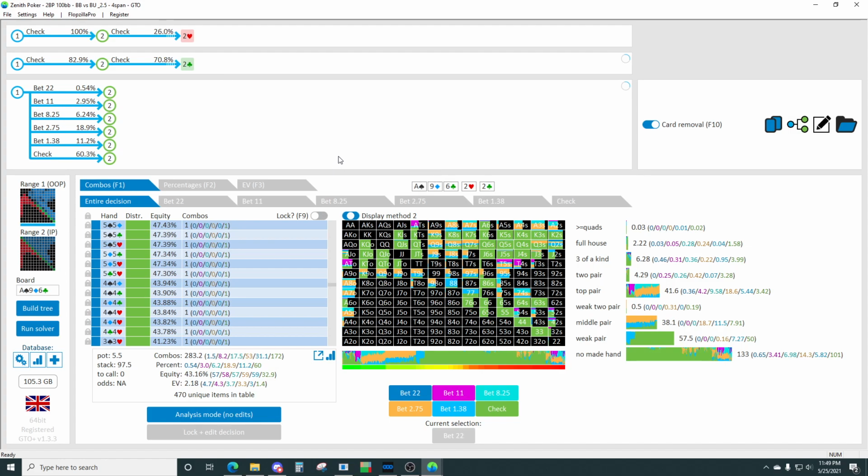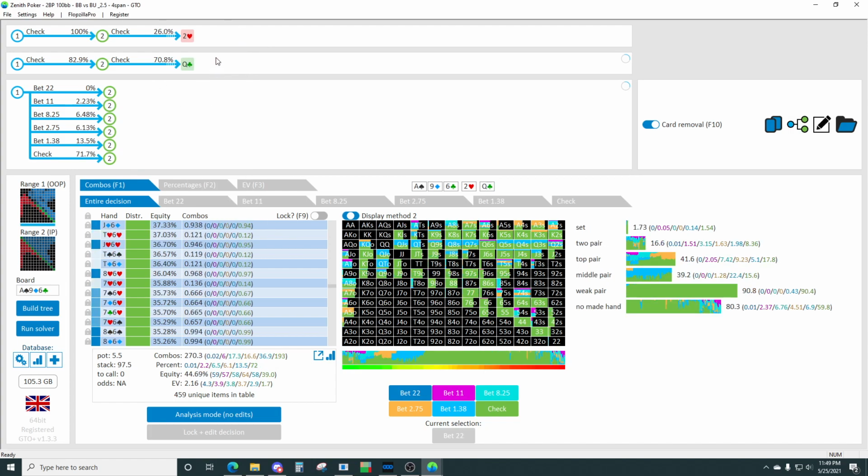I don't know if I'm making sense. No, I see what you're saying, but the check back range on this turn is going to be a lot of king high stuff that's trying to show down, right? And on this river, remember what I said about pairing turns, it improves literally nothing. That would be different on a queen, probably.